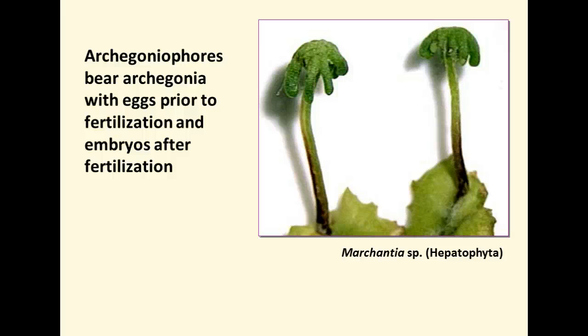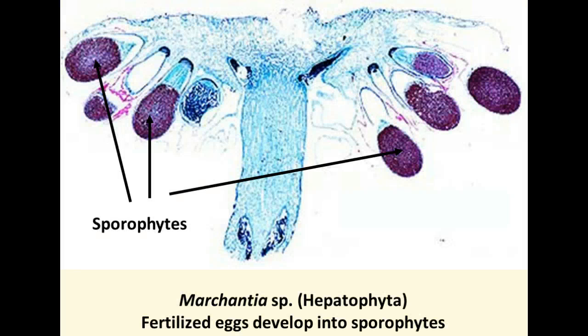So basically, prior to fertilization and after fertilization, everything happens on that archegoniophore, okay? It's not like the mosses where you have just the tips of those phyllids where everything's happening. So here you see the sporophytes.